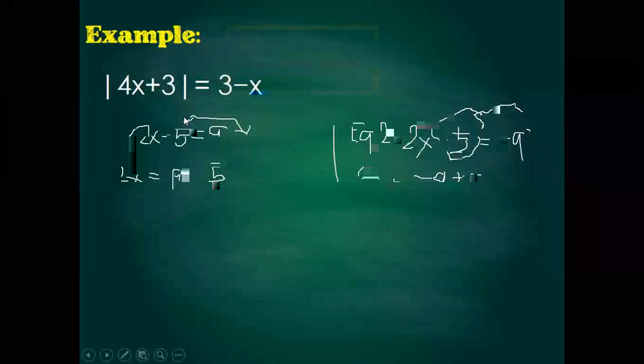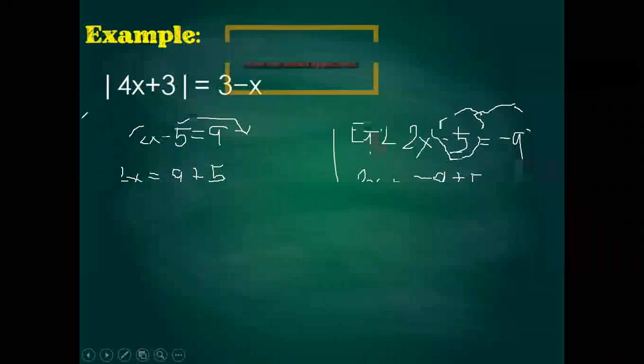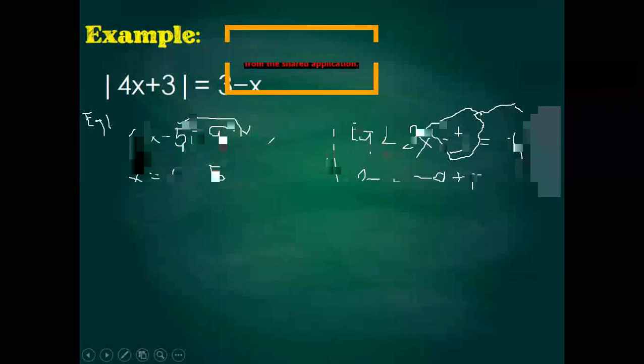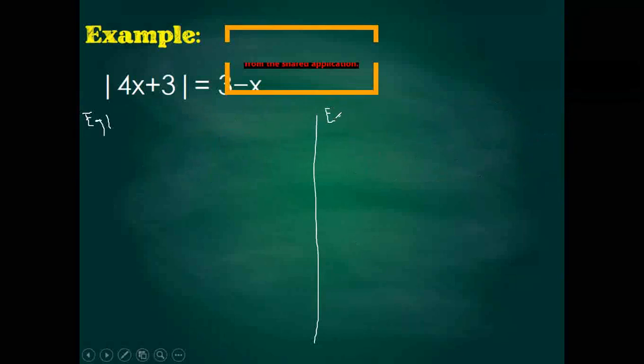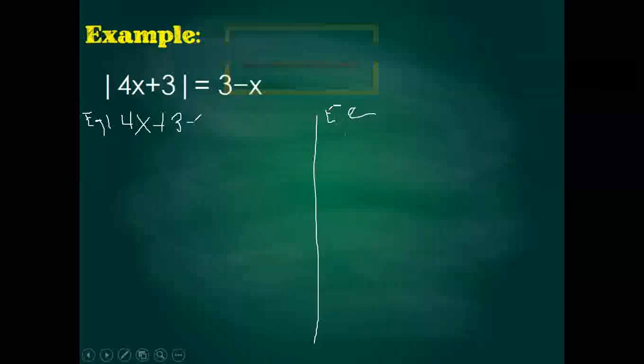So 4x plus 3 equals 3 minus x. Again, step number 1, equation number 1, then equation number 2. So 4x plus 3 equals 3 minus x.